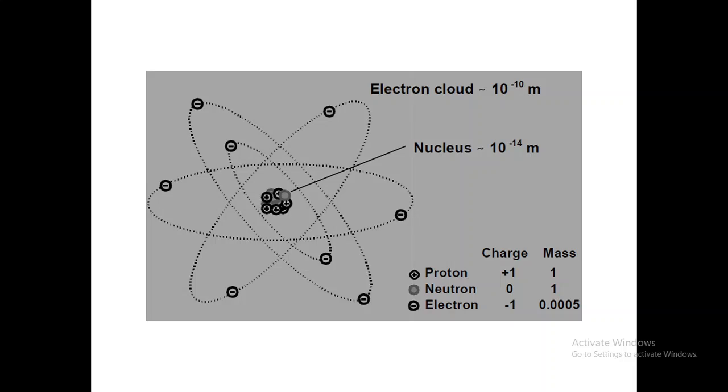So this is the basics of the structure of an atom. We all know that all matter is made up of atoms, which are often bound together into groups to form molecules. Each atom consists of a nucleus at its center surrounded by a cloud of orbiting electrons, as illustrated in this figure.